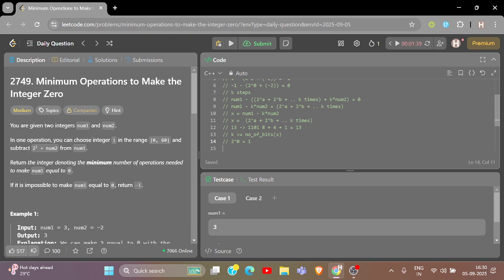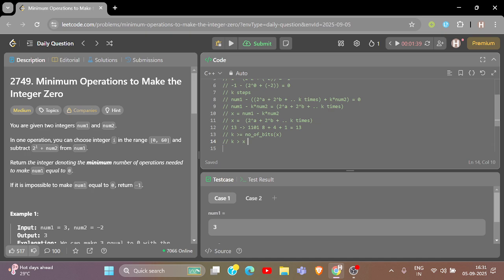So if my k is greater than x, then the answer will be -1, because if I go on subtracting, my result will definitely be negative, and num1 minus this operation will never reach 0.